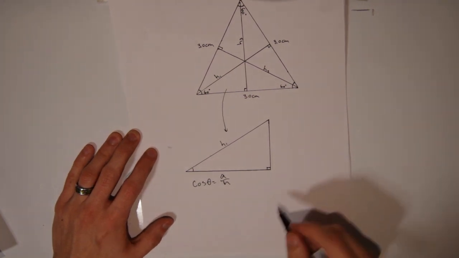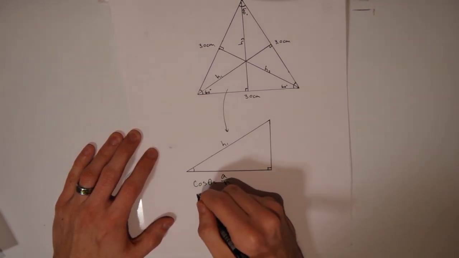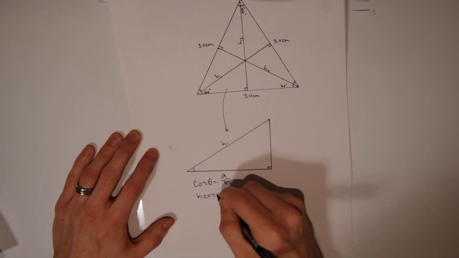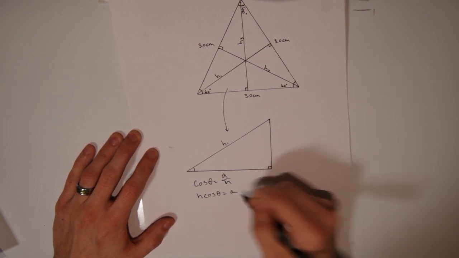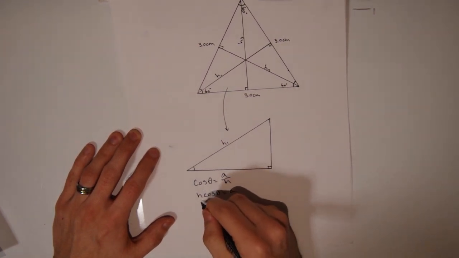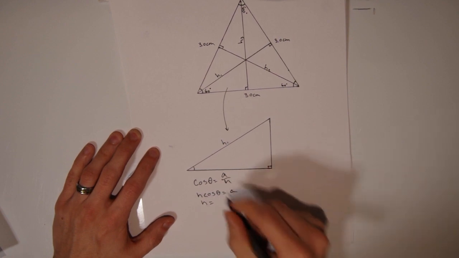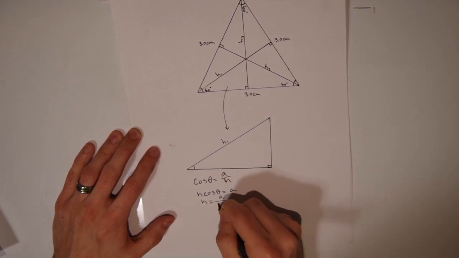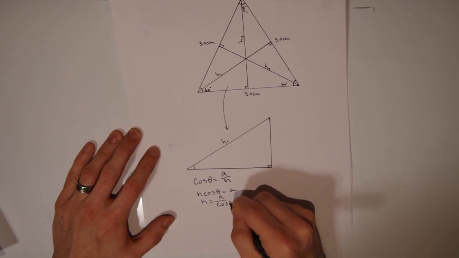Now we can do a little bit of algebra: move the h over, so we have h cosine theta equals adjacent. Then divide cosine theta over, so h equals a over cosine theta.